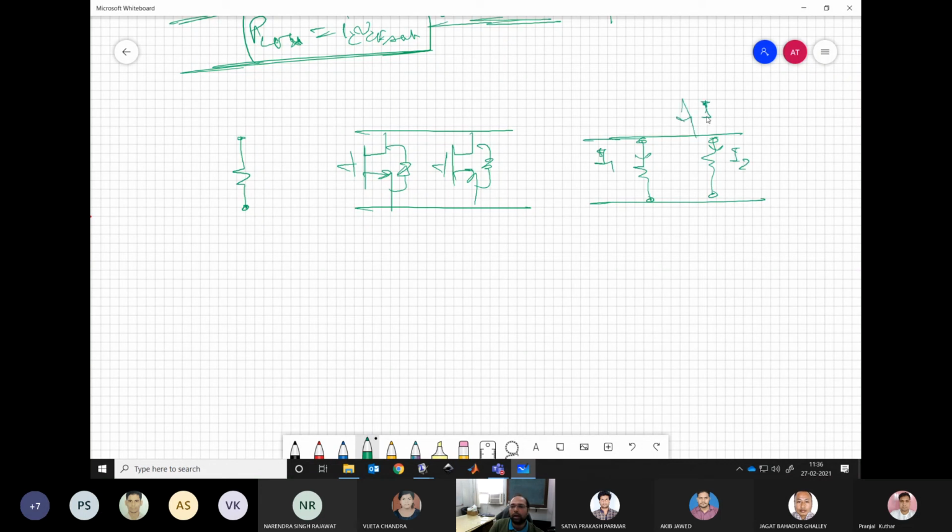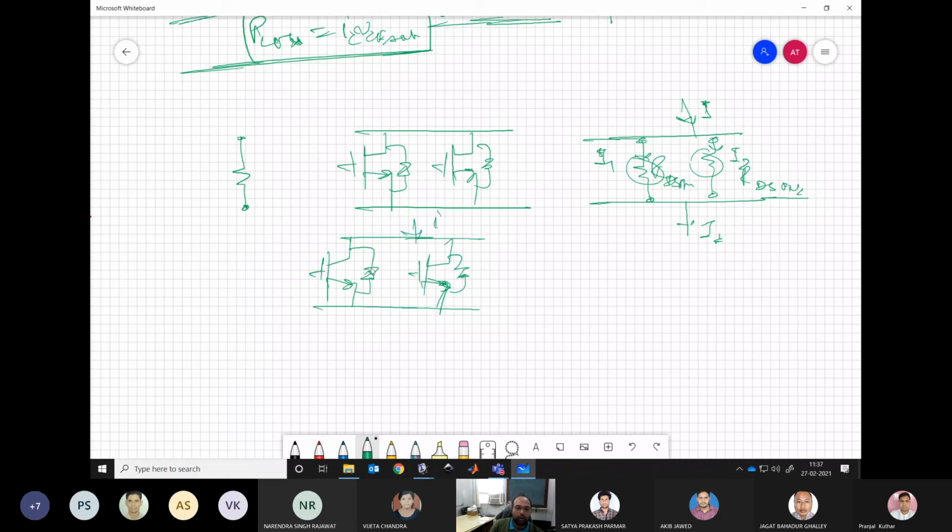Let us say the current I is flowing through the complete circuit, then I1 and I2 would be distributed according to what is RDS on 1 and RDS on 2. And this will balance out. So there is no runaway. It will always balance out each other. Whereas it is very difficult to operate two IGBTs or two BJTs in parallel because of the voltage characteristic.